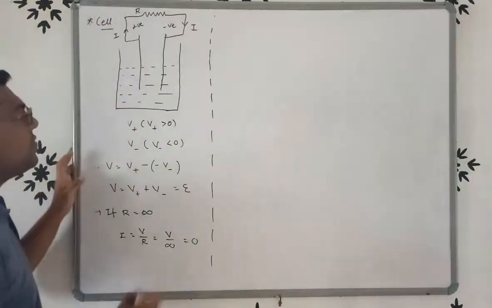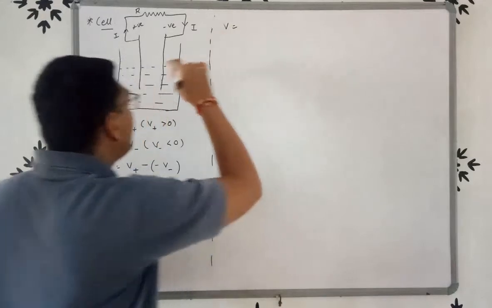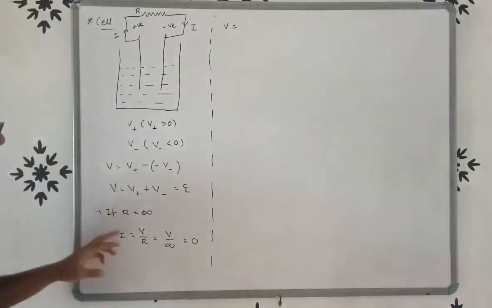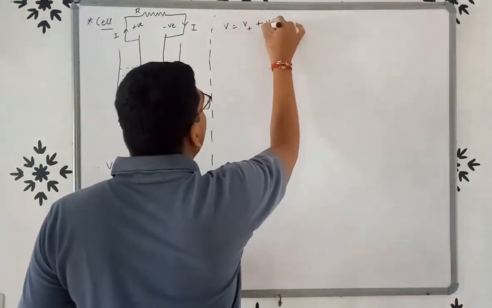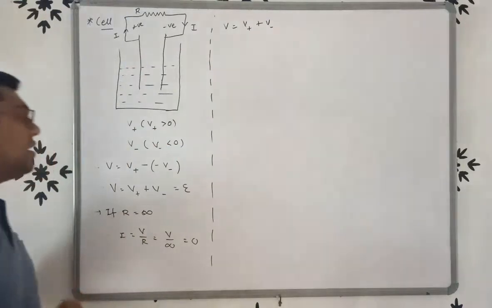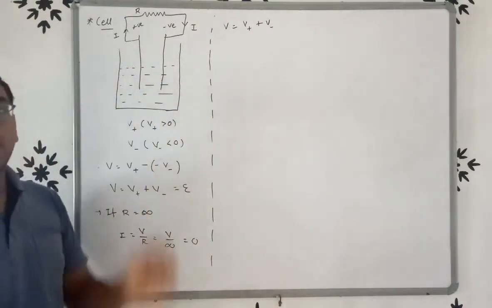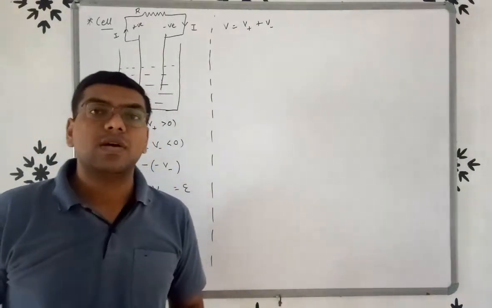So if we want to write the potential difference, it is given by V plus minus V minus, but when the current starts flowing, the positive charges travel from negative to positive electrode, right?